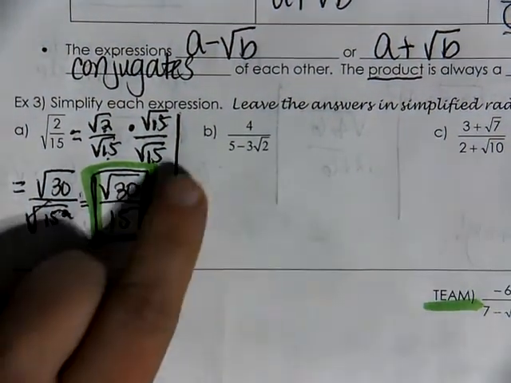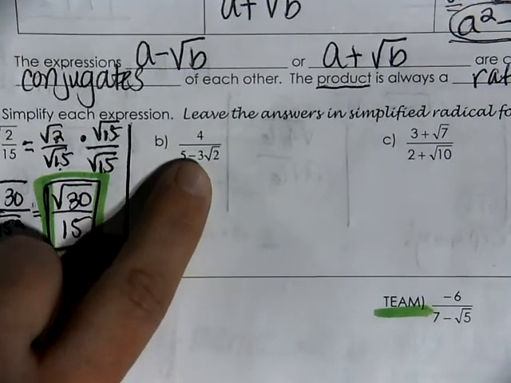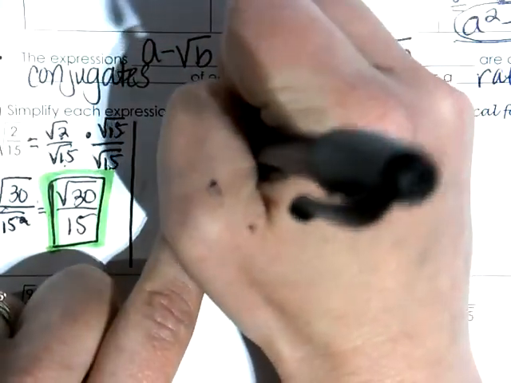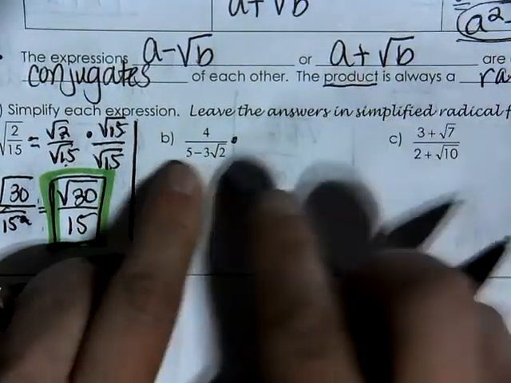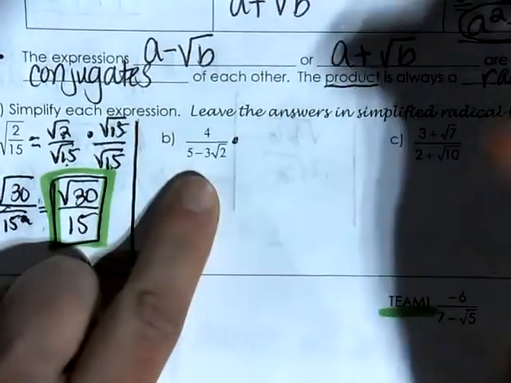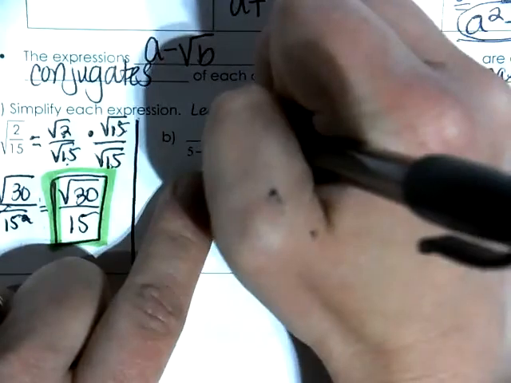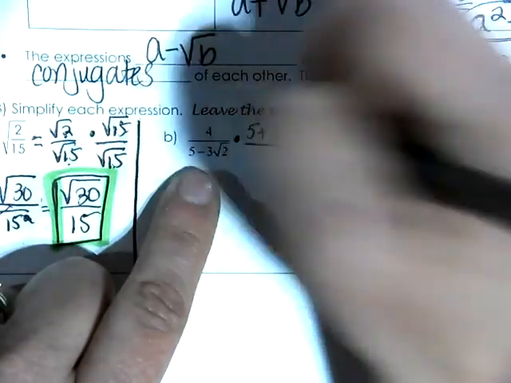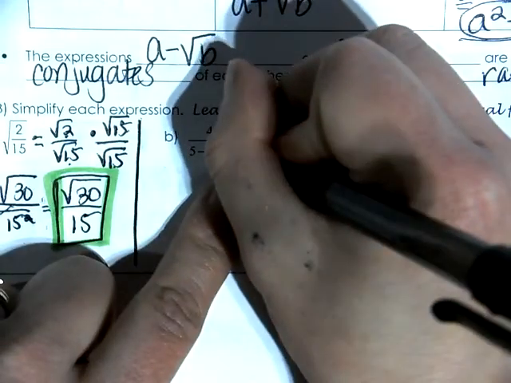For letter B, we have 4 over 5 minus 3 times the square root of 2. What we need to do is eliminate that root in the denominator. Because it has subtraction, I am going to multiply both the numerator and the denominator by 5 plus 3 times the square root of 2.